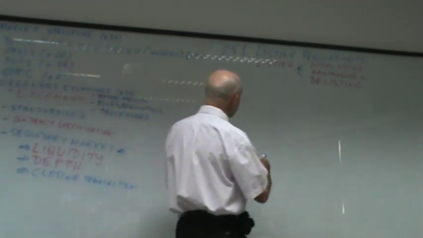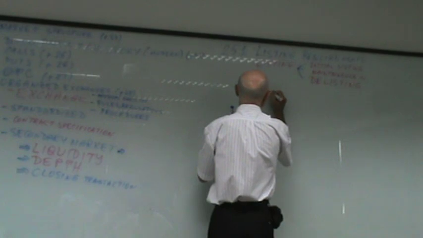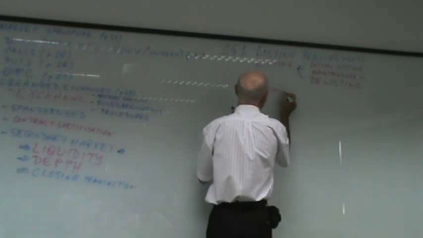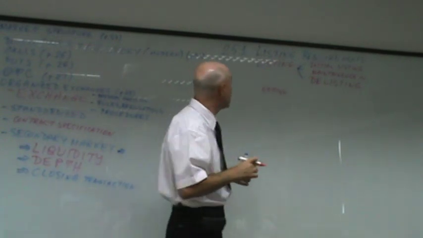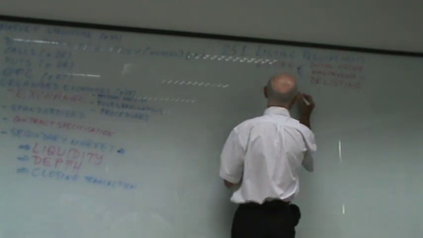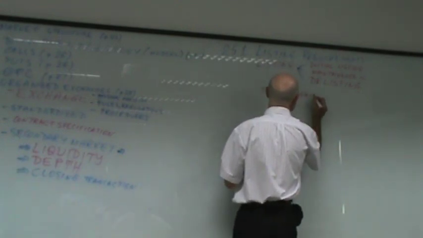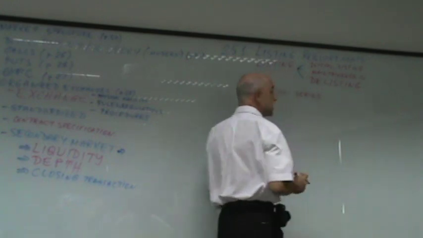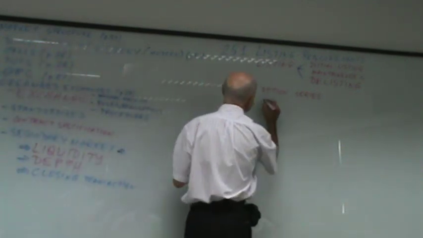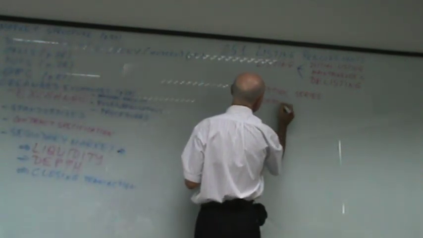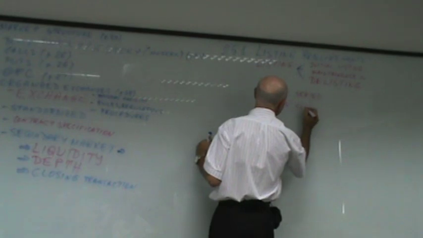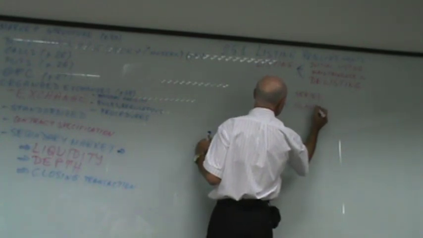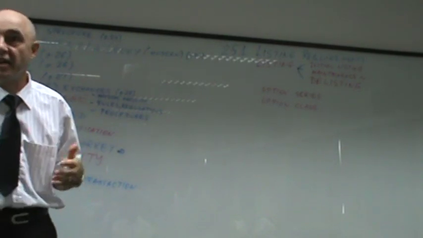For an option, the rules or requirements will provide option series. And let's make sure that I get the next thing right. And option class. All right, let's get them down correctly.